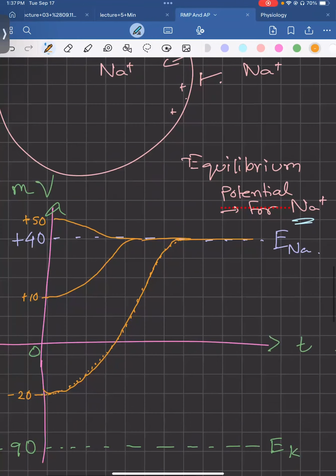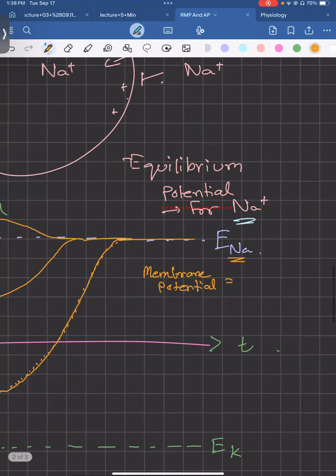So basically, wherever you start, the sodium wants to move in a manner that the membrane potential becomes their equilibrium potential. So the membrane potential becomes equal to the equilibrium potential of sodium, assuming there's only sodium in this universe. That's what they want.